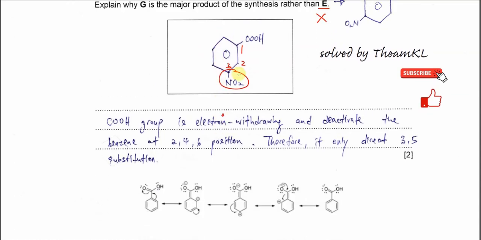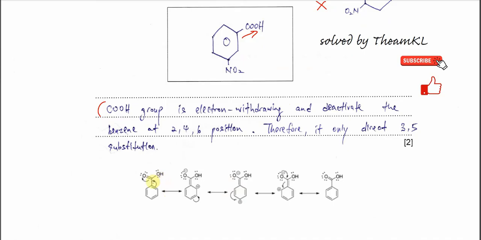Okay, very easy actually. You just need to mention the COOH is electron withdrawing, so it will withdraw electrons toward itself. It's something like this. So COOH will withdraw electrons from the benzene ring. Electrons from the benzene ring move to this COOH, and eventually it will form this resonance structure. You no need to know how to draw this resonance structure.